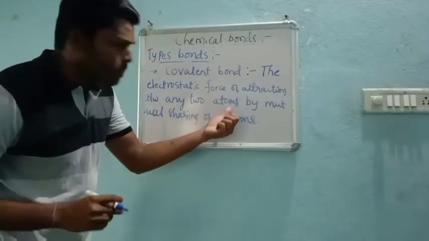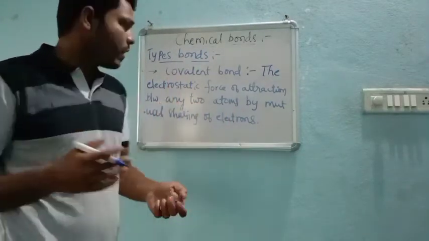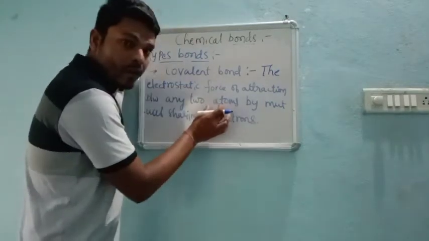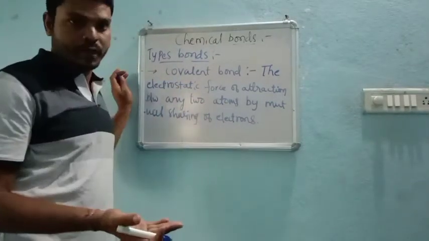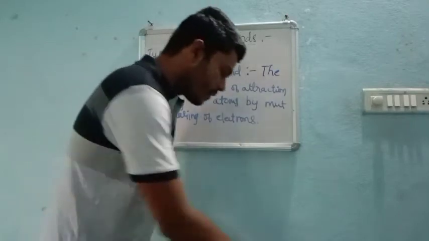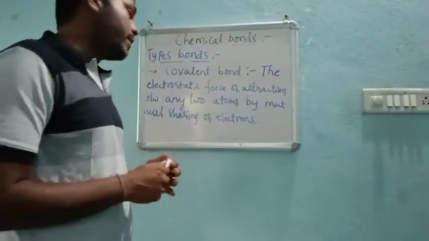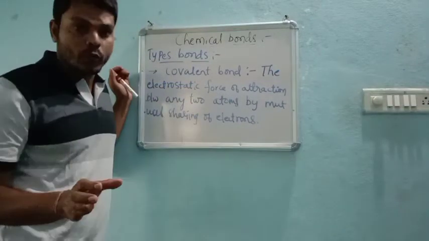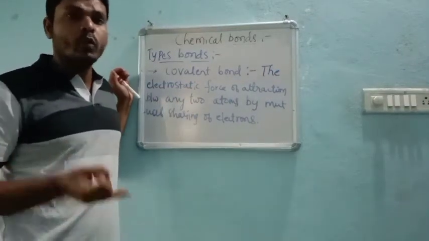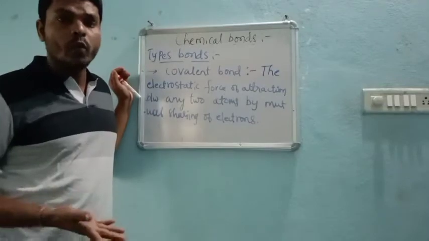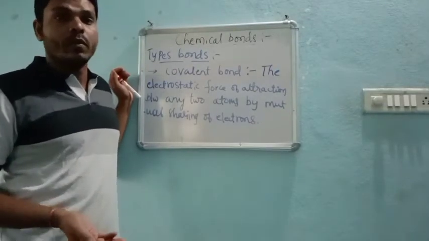So here these two atoms may have different or the same charge, right? Very important. In this type of bond we see molecules very easily, H2, Cl2, N2, O2, F2, right?